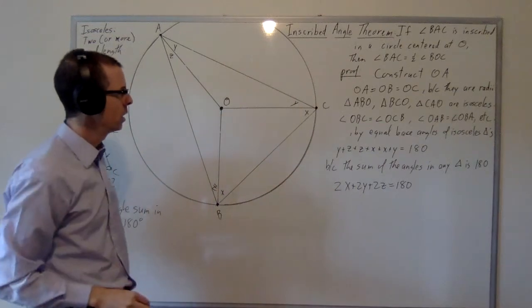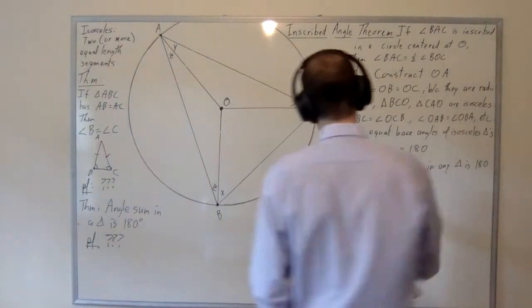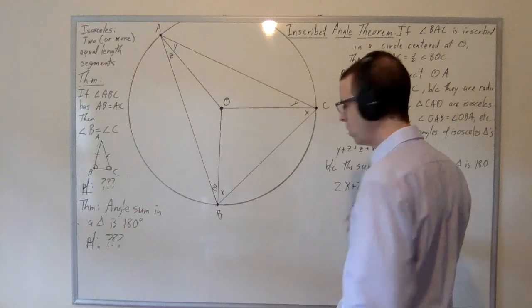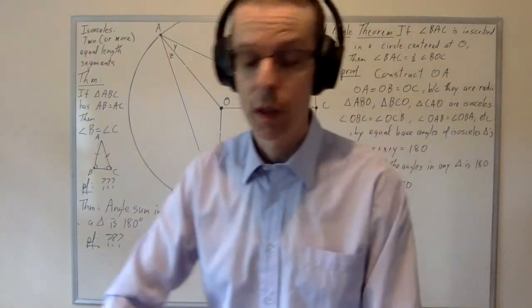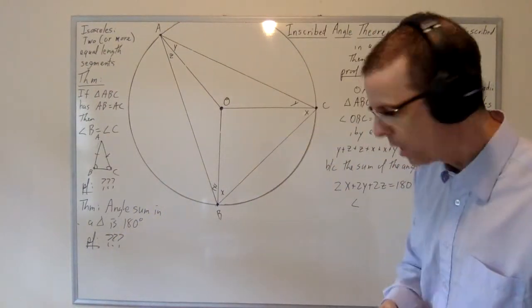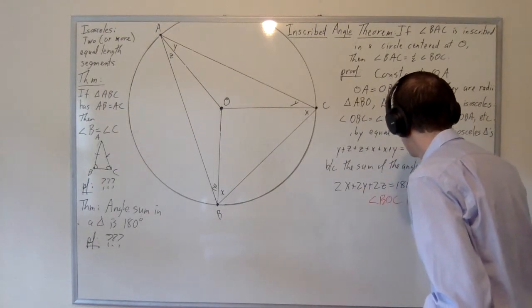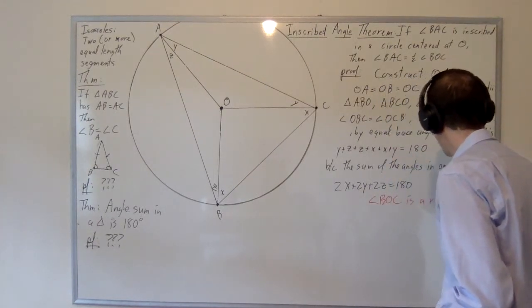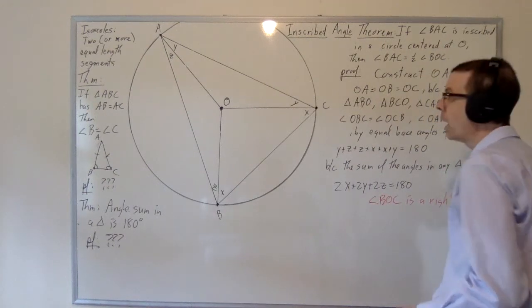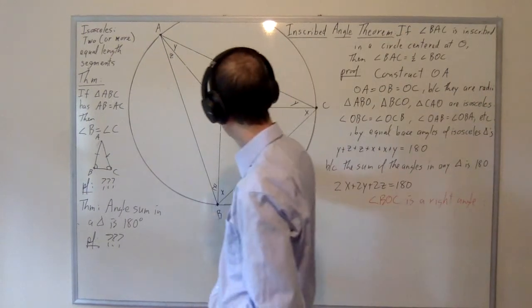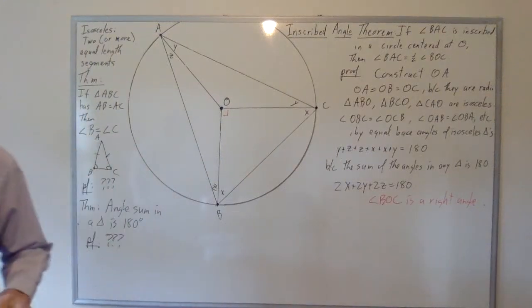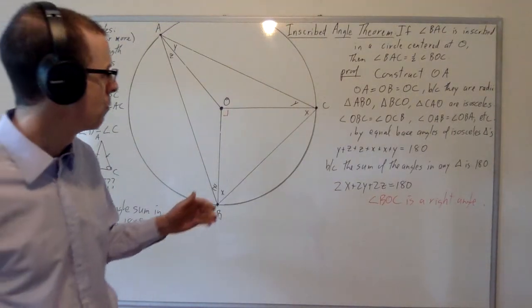which is right here. Now, one thing you could say about angle BOC is that it's a right angle. And sure, it does look like a right angle in my picture, but hopefully you're getting this theme, right?